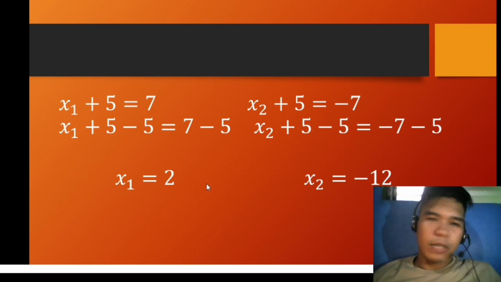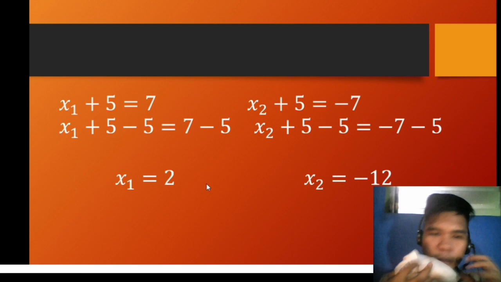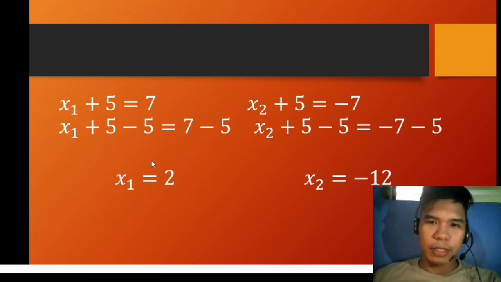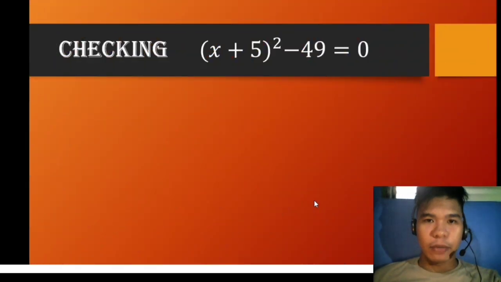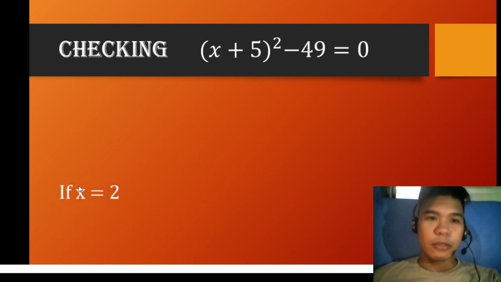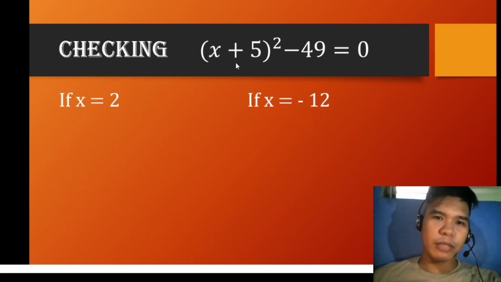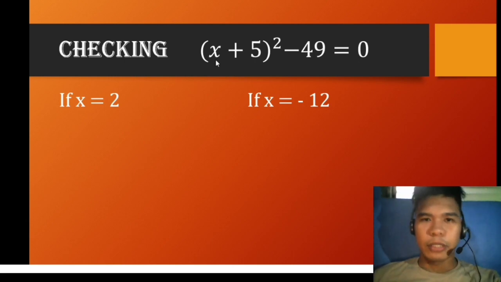So now let us check if positive 2 and negative 12 satisfy the given equation, quantity x plus 5 squared minus 49 equal to 0. So the computed roots are positive 2 and negative 12. So let us first substitute positive 2 here in the original equation.